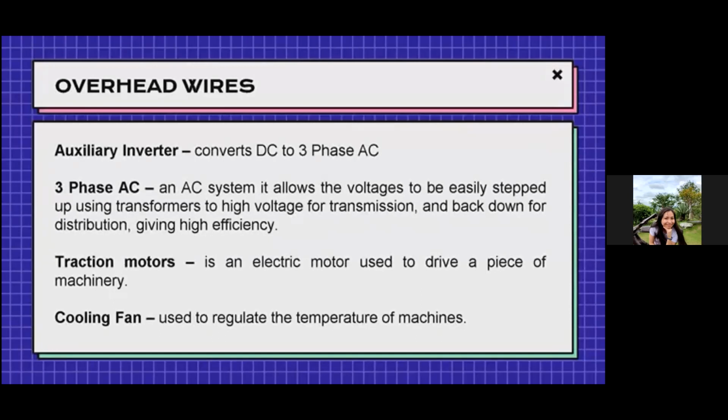So bakit nga ba kino-convert yung AC to DC tapos binabalik uli sa AC? Base sa nabasa ko, ginagawa ito para makapag-produce ng maximum effective torque para sa traction motors. Yung traction motors ay yung nagpapatakbo ng gulong ng train. Tapos meron ding naka-install na mga cooling fan dahil nagpo-produce ng sobrang init yung mga machine na ito.